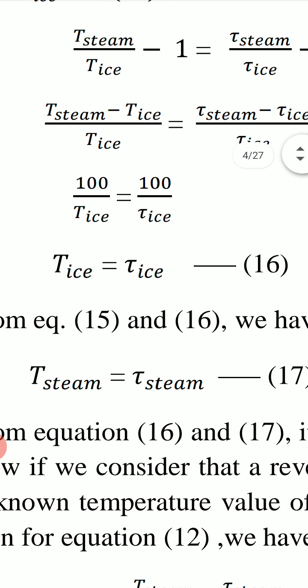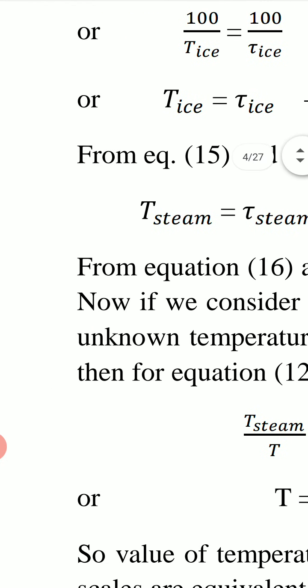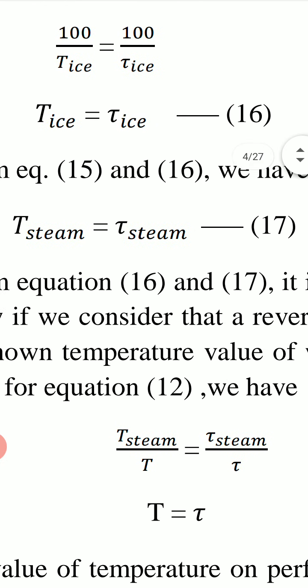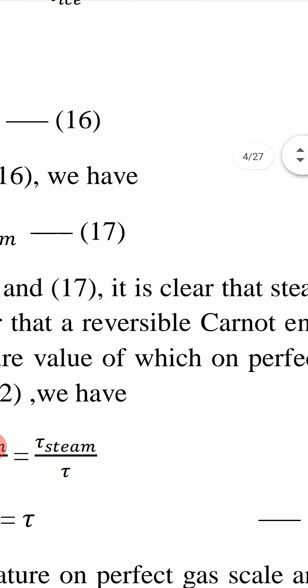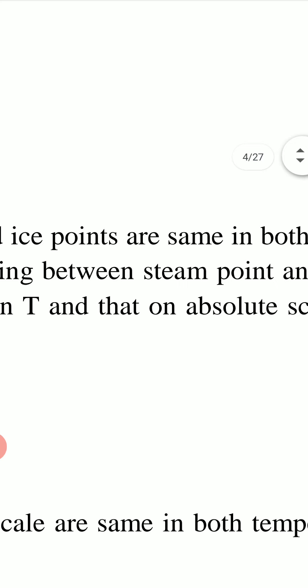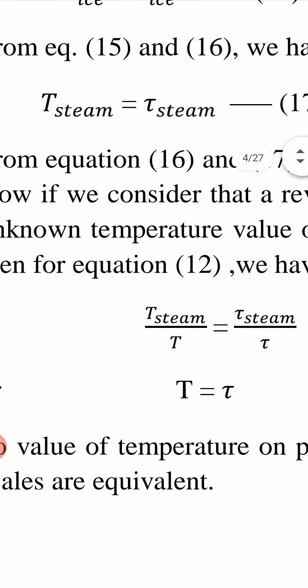So we see that ice temperatures are the same and steam temperatures are the same in both these scales. From equations 16 and 17, it is clear that steam points and ice points are the same in both scales.